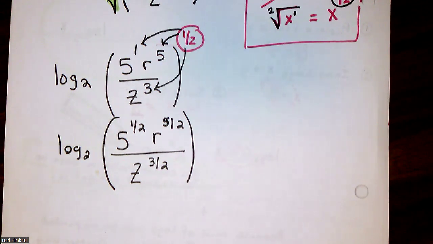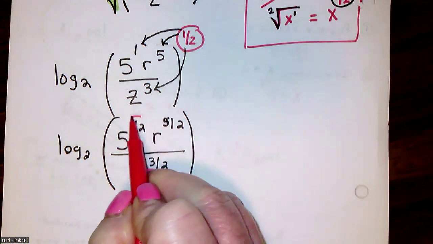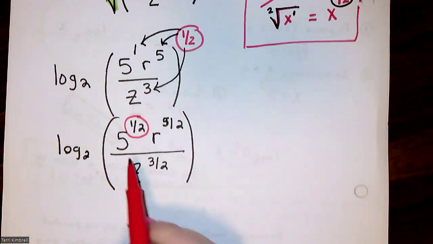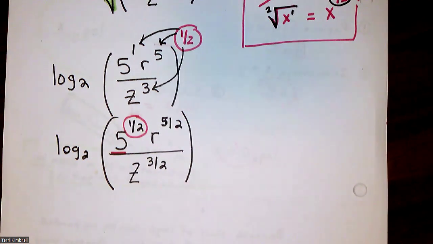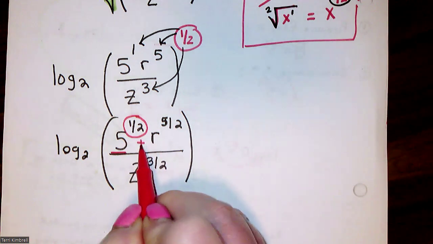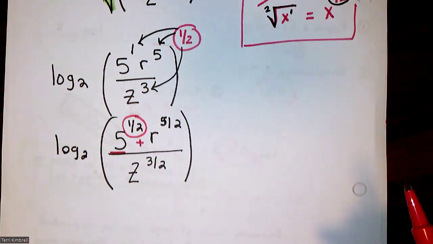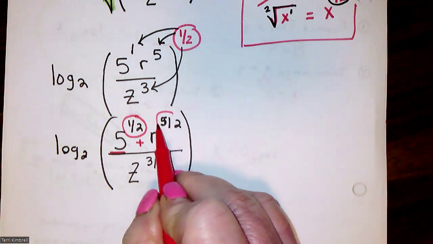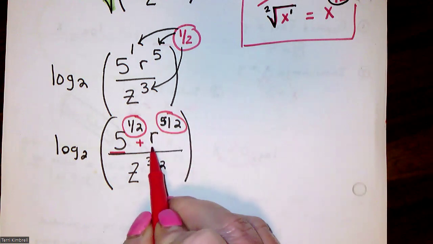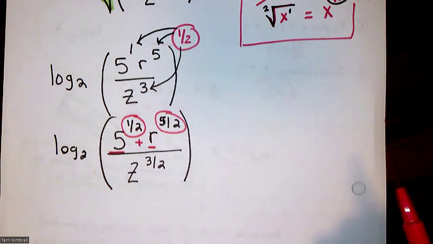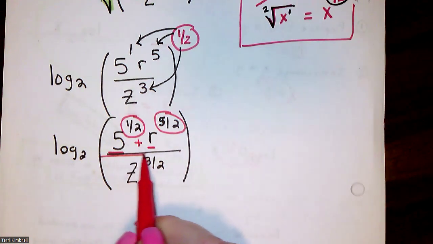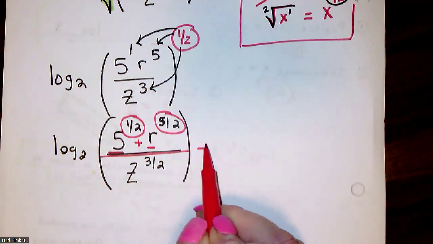So now I can take a look at how to separate this. Remember that this exponent is going to drop in front of this number. Whenever you see multiplication, it's going to be addition. This exponent is going to drop in front of this variable. The division is going to mean subtraction.